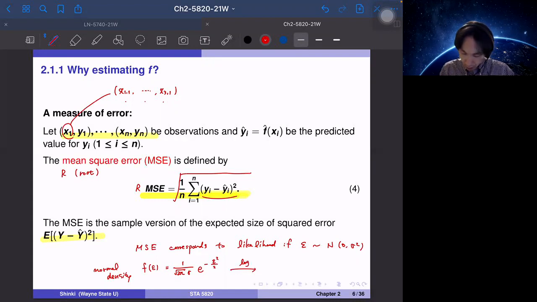Then this is some constant term, maybe 1/2 times log of 2 pi sigma square, and minus epsilon square over 2. So the first term is constant. The point is this epsilon square. So the log likelihood is basically the negative of the squared error. So this square and this square correspond to each other.